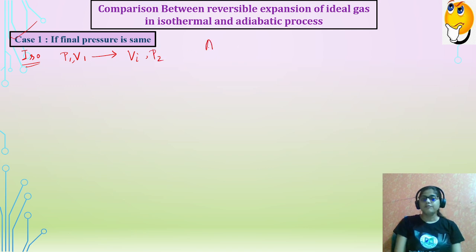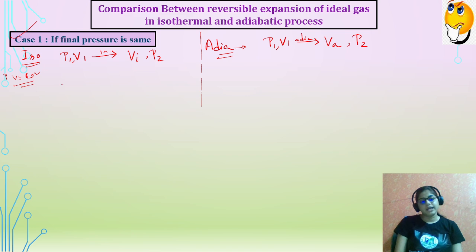Okay, for the adiabatic case, what is the thing here? P1, V1 will obviously be the same, and this is iso, this is adia, and the final volume Va will be there, and P2 is the same, obviously. Now we can write PV equal to constant here.